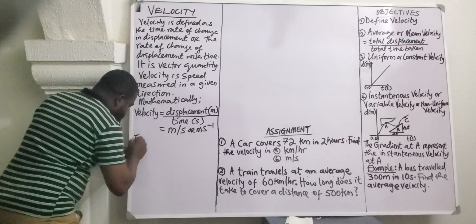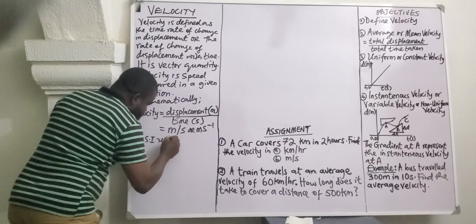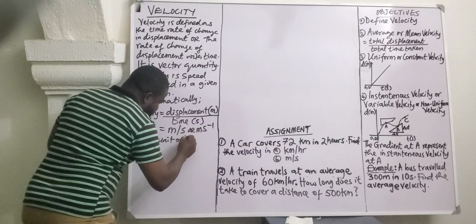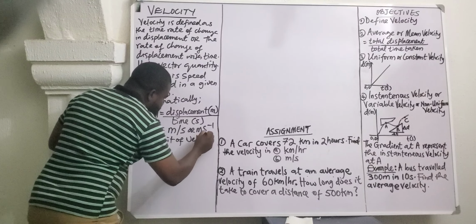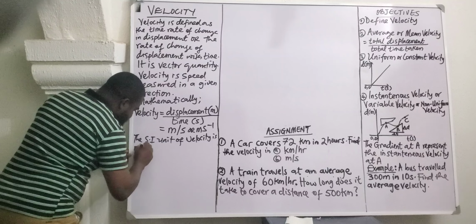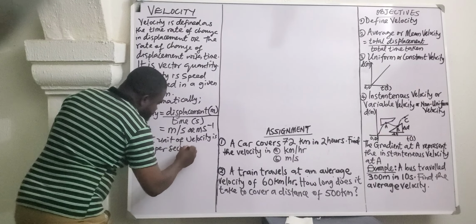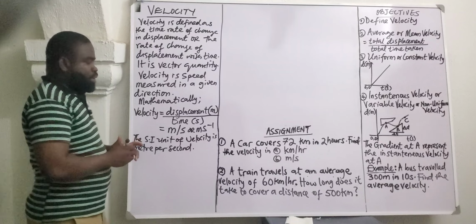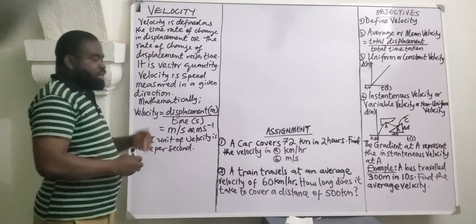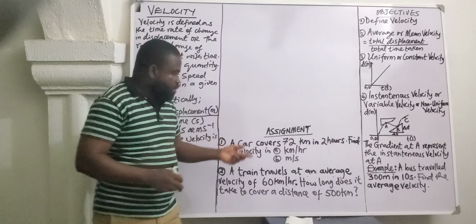So I said the SI unit of velocity is meter per second. Remember, meter per second is not the only unit of velocity.